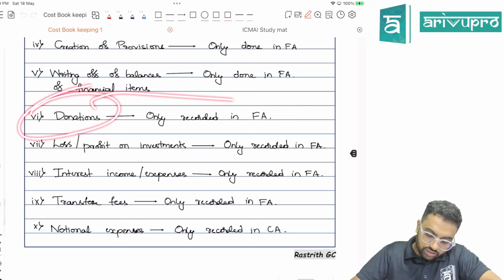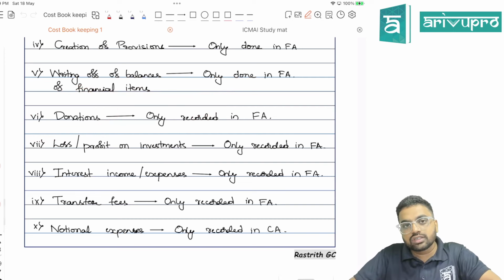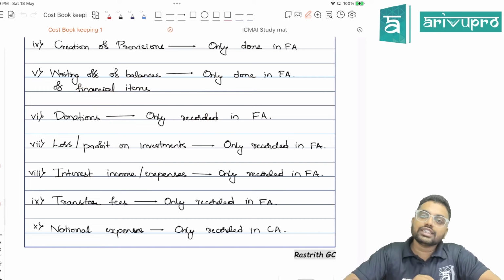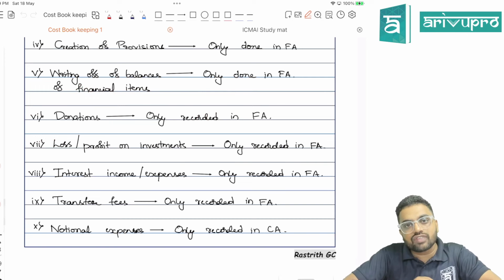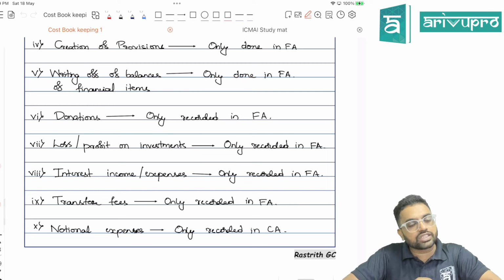Next is donation. Sir, have we seen donation in the cost sheet? The answer is of course no. Where will you show donation? Can you add it to the cost of production? Is it directly or indirectly related to the factory? No, sir. Can you add it to administration? The answer is no. Can you add it to selling and distribution?